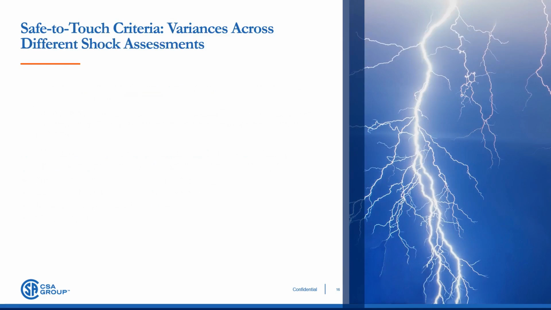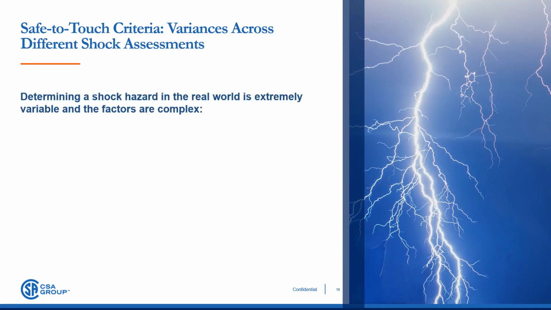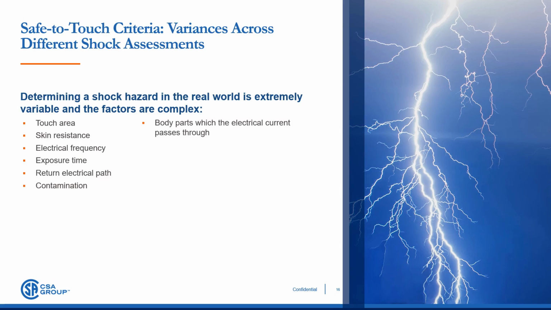Real-world shock is caused by the consideration of many applicable factors, including touch area, skin resistance, electrical frequency, exposure time, return electrical path that completes the circuit, contamination, body parts which the electrical current passes through, the age of the victim, pre-existing health conditions, physiological differences between livestock versus human contact, and more.